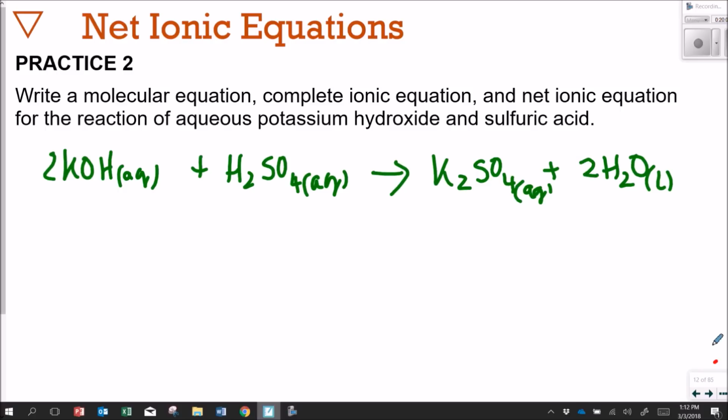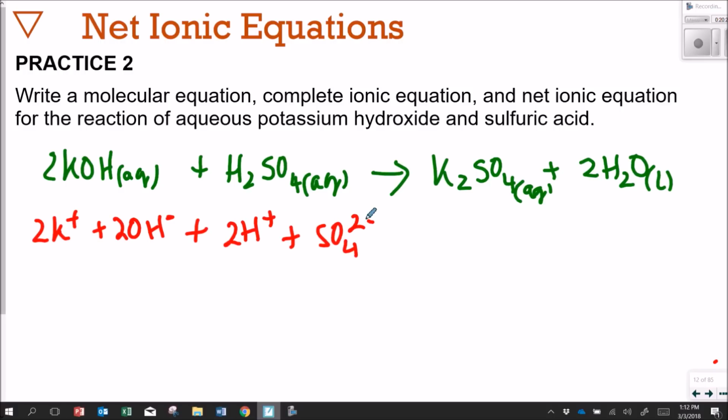Now I write my complete ionic equation. So potassium hydroxide will dissociate, so it will be 2K+ plus 2OH-. Sulfuric acid also dissociates, so we have 2H+ plus SO4 2-.